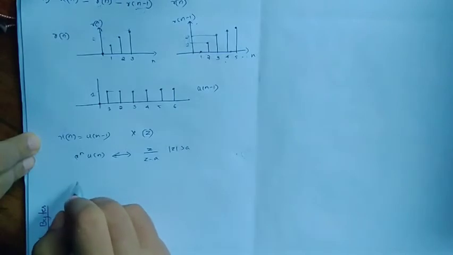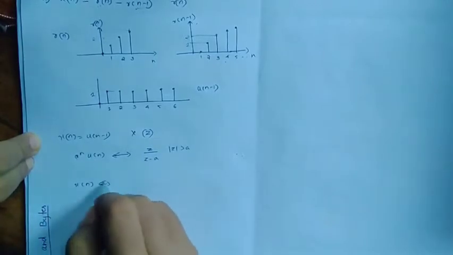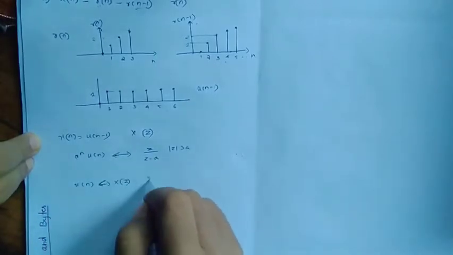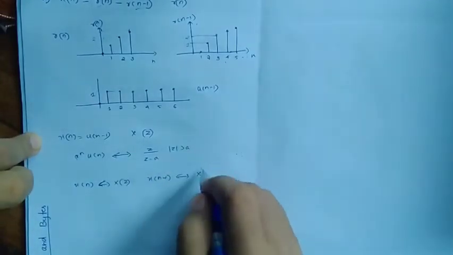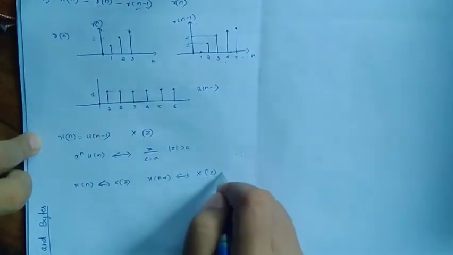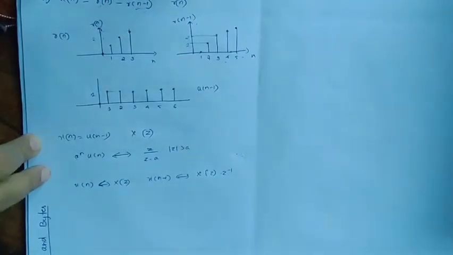So applying the time shifting property of Z transform, when x of n is having a Z transform x of z, x of n minus 1 will be having a Z transform of x of z into z raised to minus 1. So u of n will be having a Z transform of z divided by z minus 1.